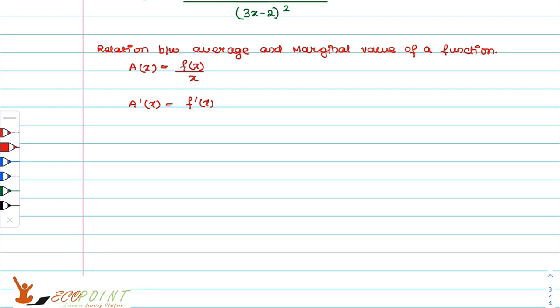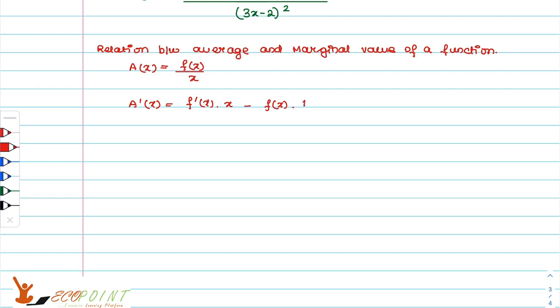So if I take the derivative of the average function, this will be a dash x is f dash x, derivative of numerator, into denominator as it is, minus numerator as it is into derivative of denominator with respect to x.